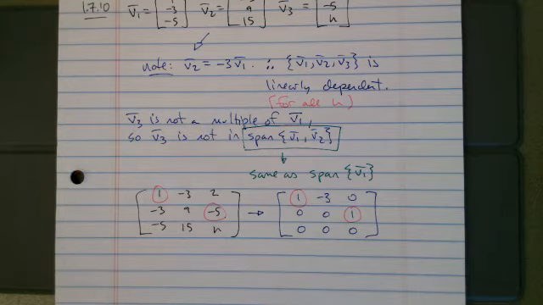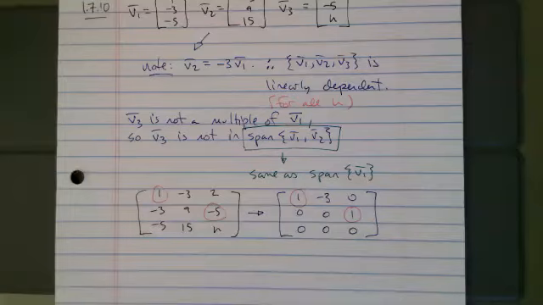So the matrix V1, V2, V3 does not have a pivot in each column, so the set of vectors V1, V2, V3 is linearly dependent. Anytime we can avoid performing row operations, we should avoid performing row operations.